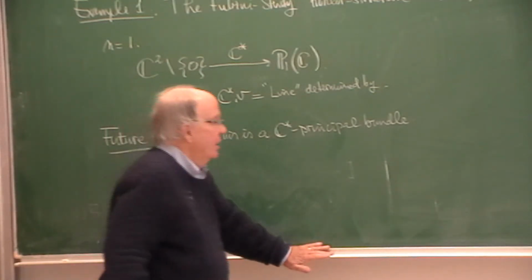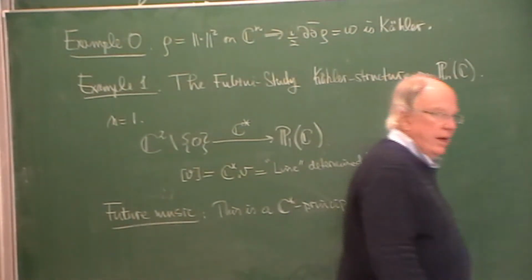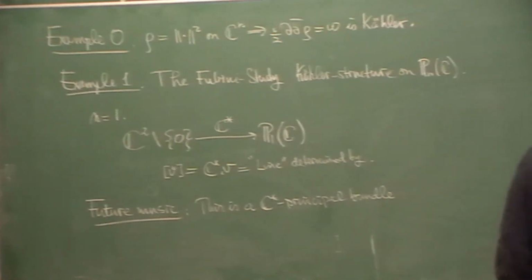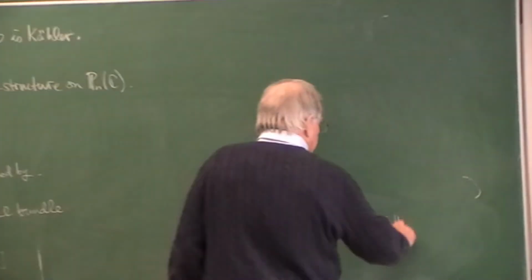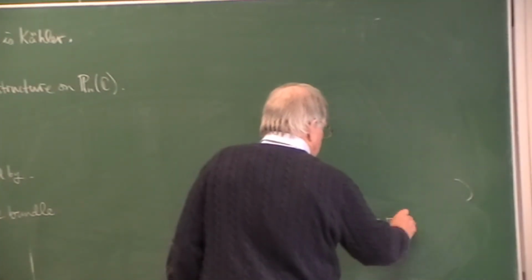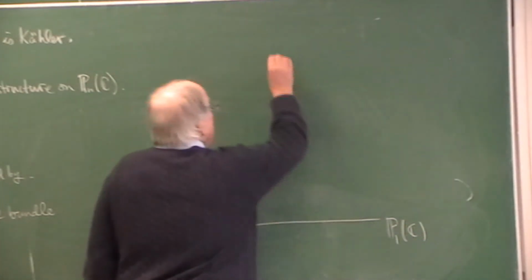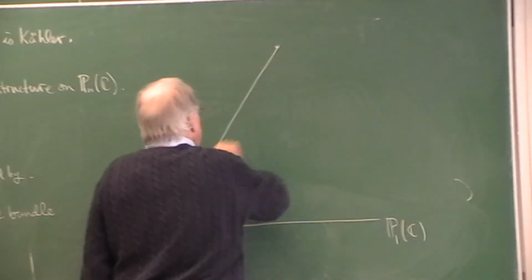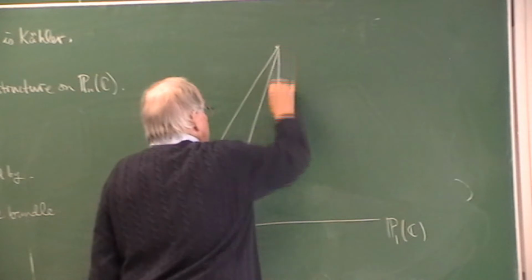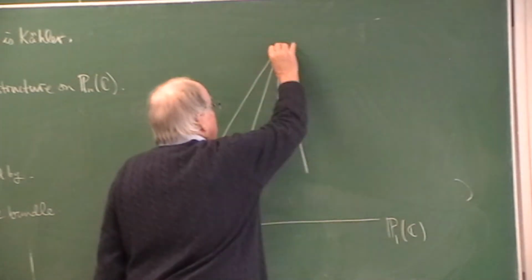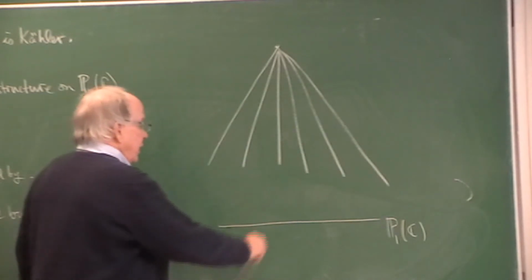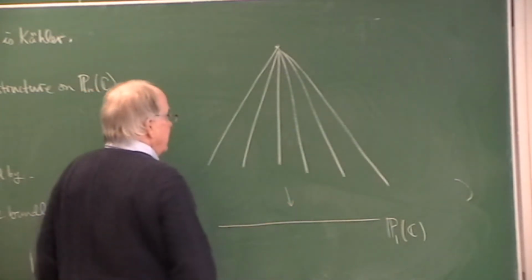And now the picture of this: here's P1C, and here's the origin, and here are all these lines through this thing. And these are the equivalence classes.